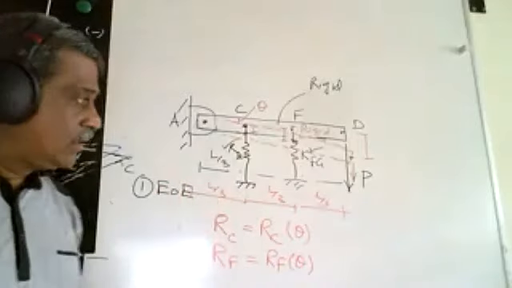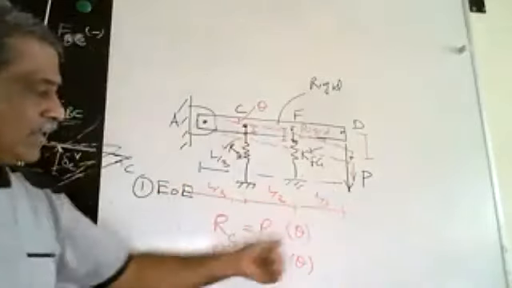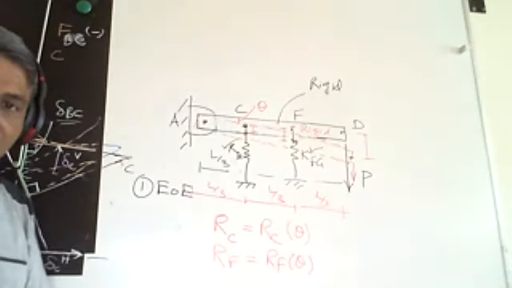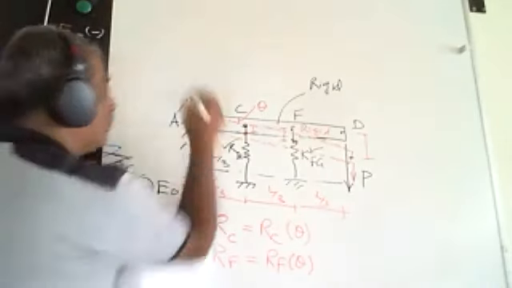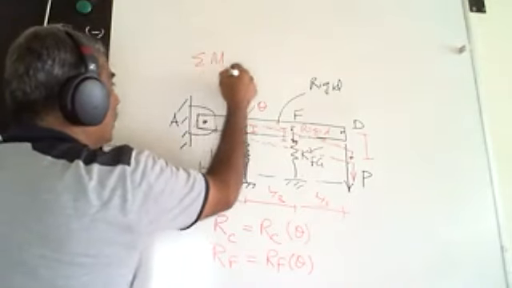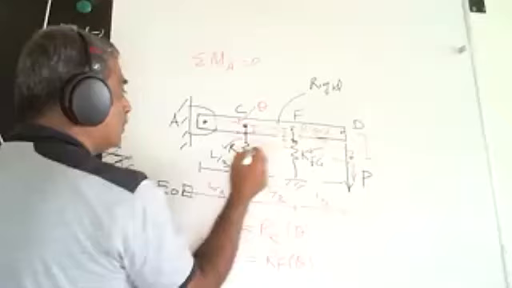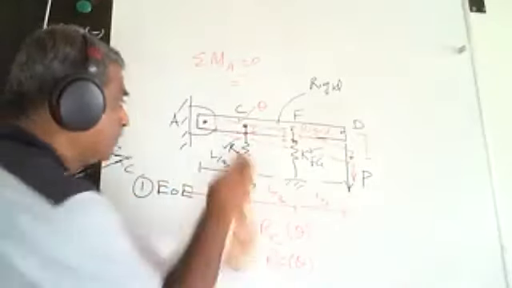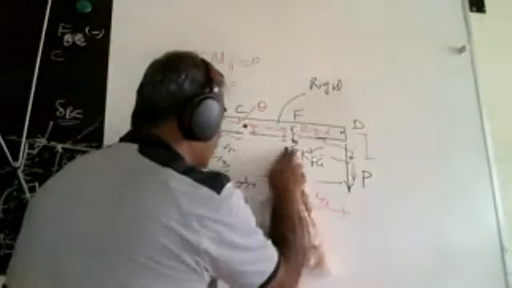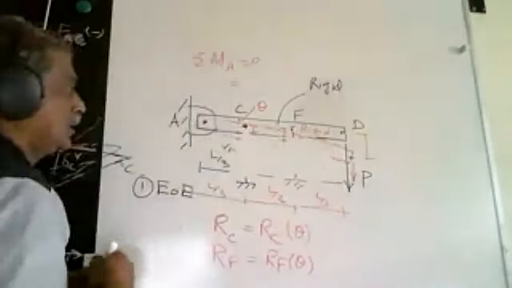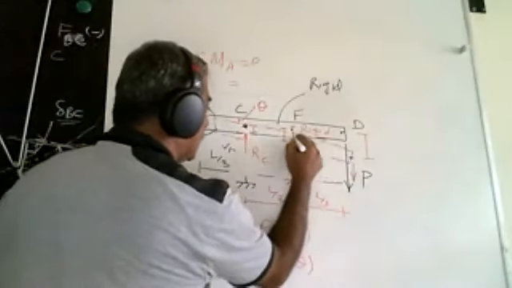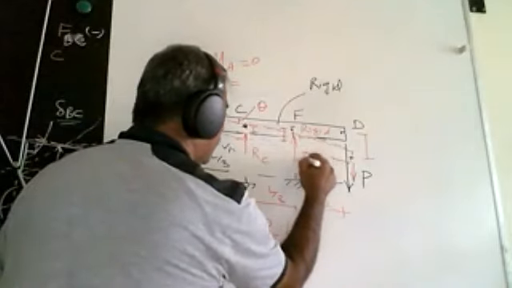Once I know that, everything will be in terms of theta, I now can apply equation of equilibrium, right? So I can take moment about A is equal to 0, which will give me, now I can substitute. Shall I erase this and replace it by the appropriate reactions? This is RC and this is RF.